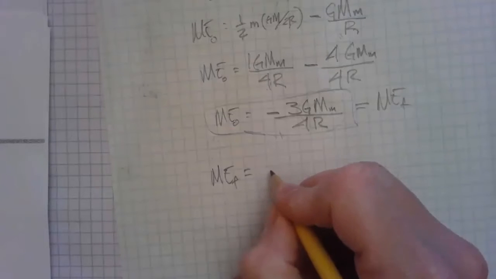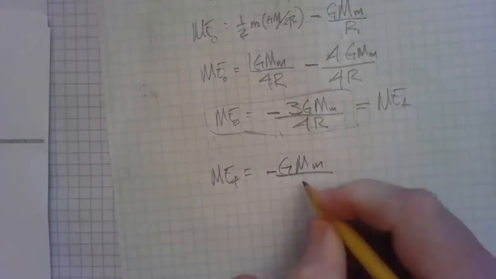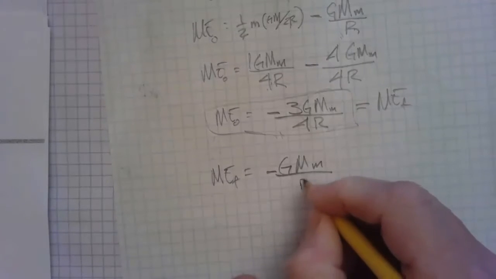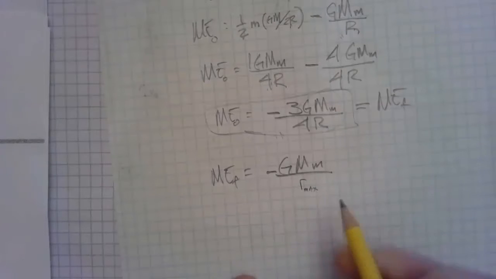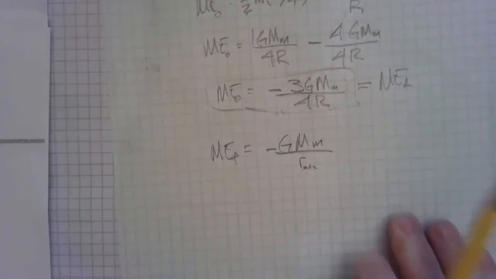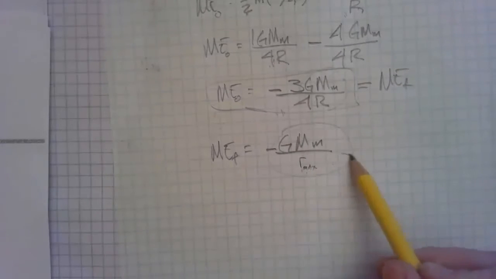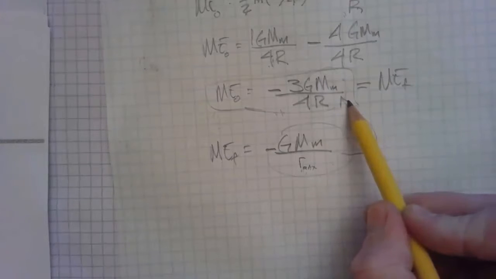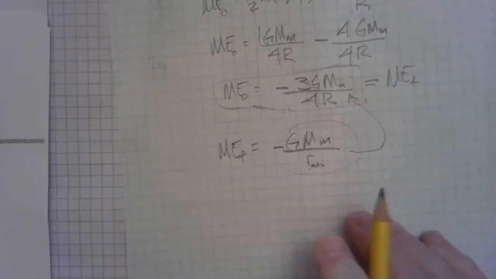So we're going to go negative G, big M, little m, over, I'm going to call this R max. When we figure it out, this will include the center of the planet. So this is equal to this stuff, and what we need to figure out is what this is. Let's give it a shot.